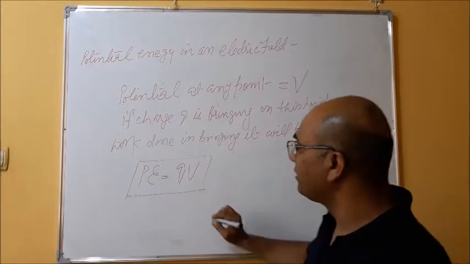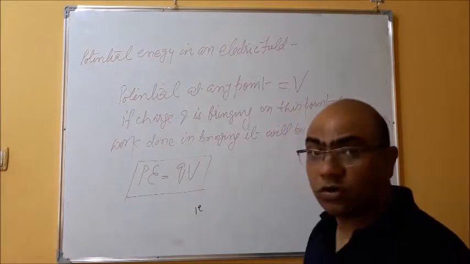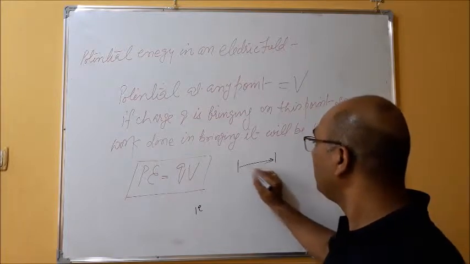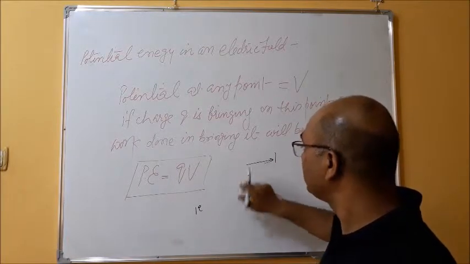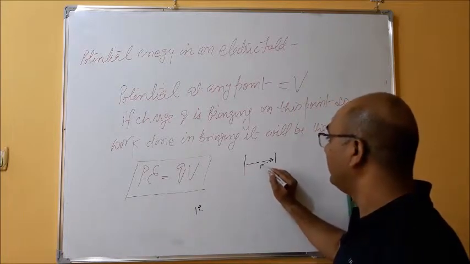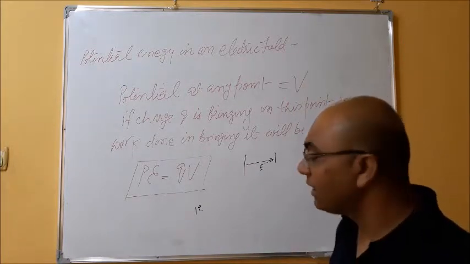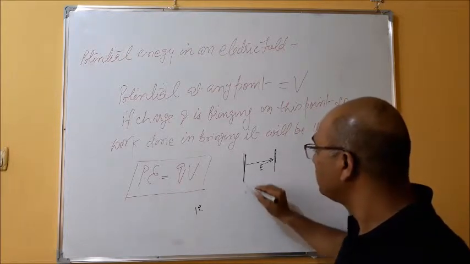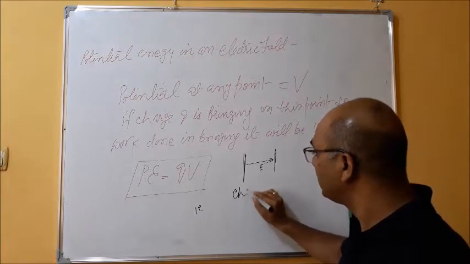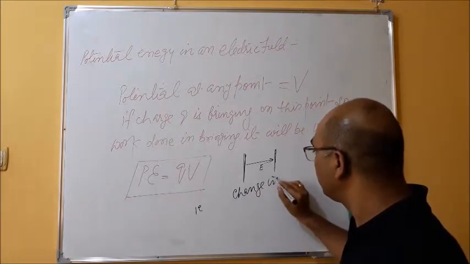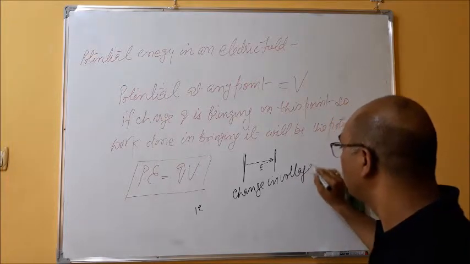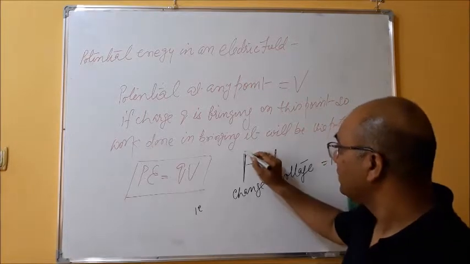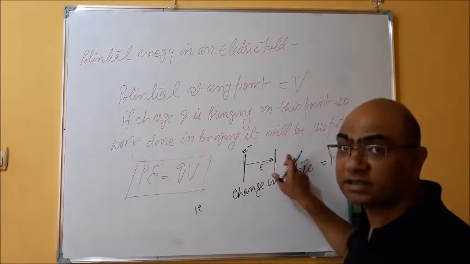If I have one electron, and this electron is moving in an electric field, and due to this electric field, suppose the change in voltage is 1 volt on this one electron, this electron is moving in the electric field direction.